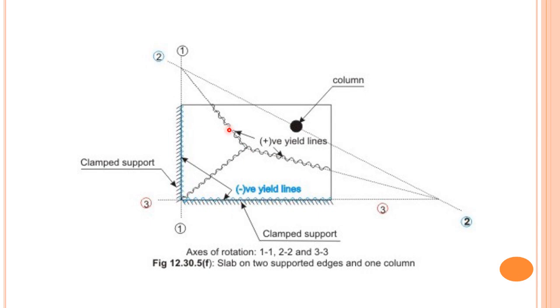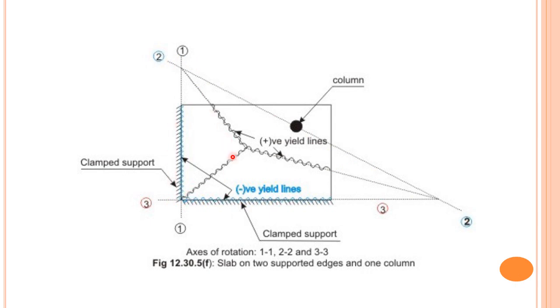The first step: if you have a column, draw a line connecting the column and extend that line on either side. This extension of the column line will meet the other two support lines, so that it intersects at some point.